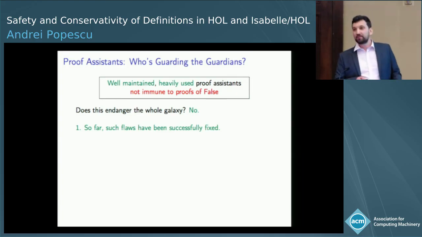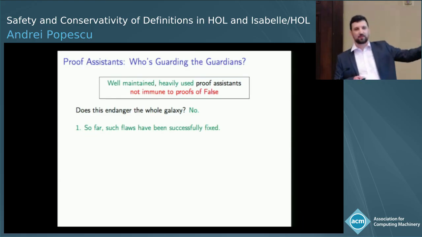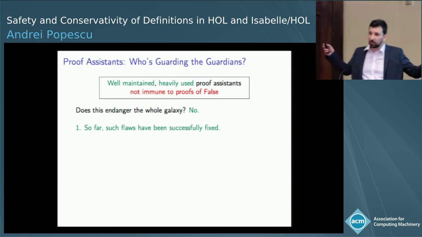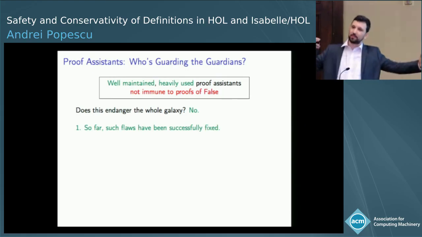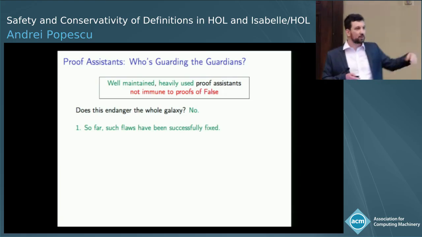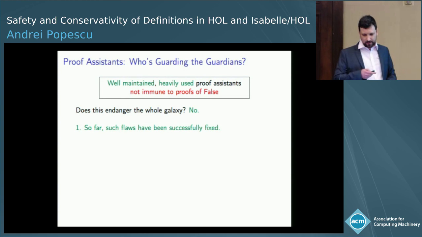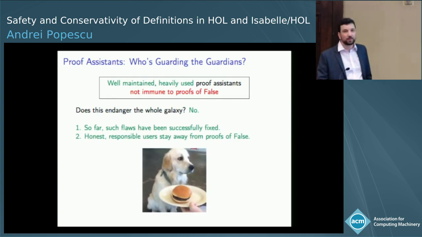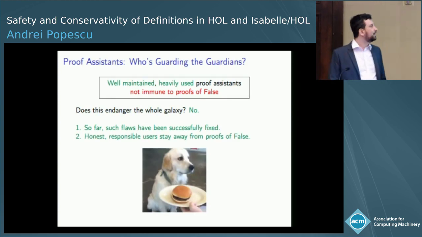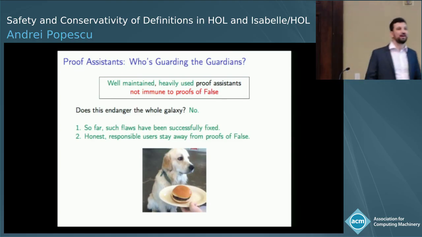Other answers are the fact that such flaws have been discovered, have been fixed, and this has not affected the developments in a major way. So what was previously proved with a proof assistant, including software, hardware, big proofs, and so on, has been recovered quite easily, as far as I know. Another reason that is often invoked is that honest users would not take advantage of a proof of false, even if it's there in front of them.